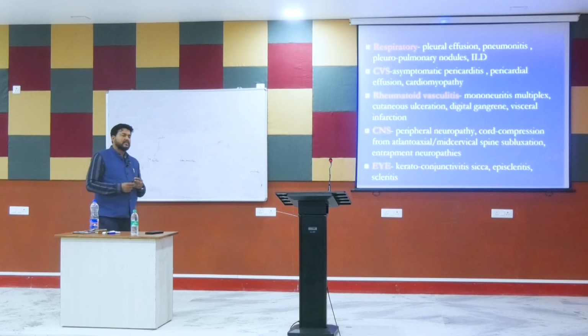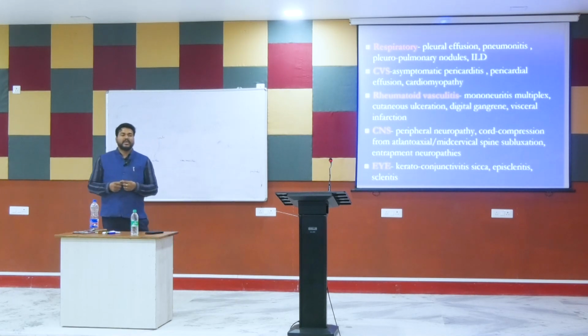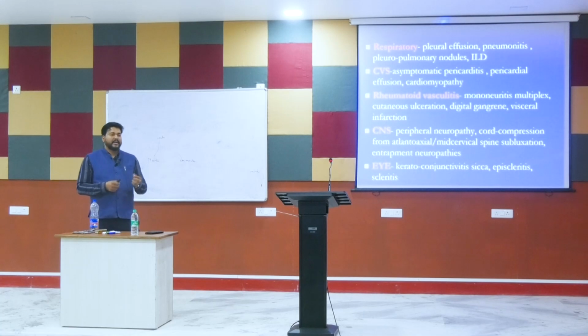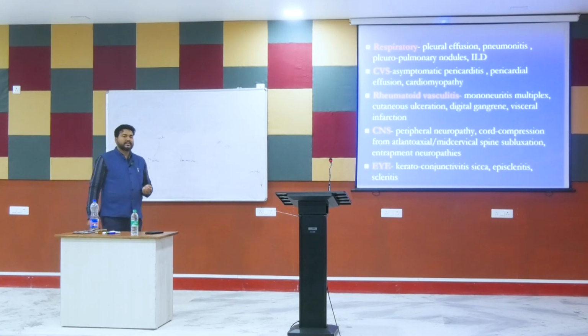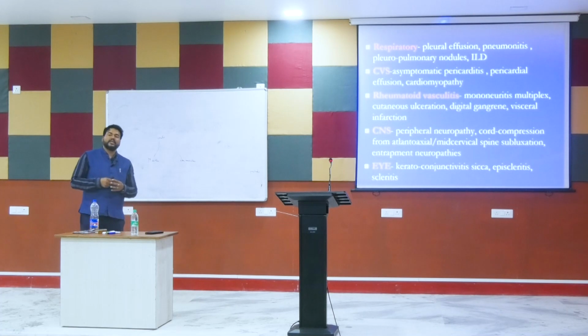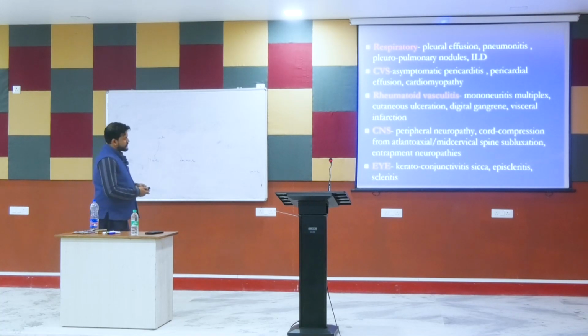Mono means single. Neuritis, inflammation of the nerve. Multiplex, in multiple body sites. Suppose ulnar nerve on the left side, sural nerve on the right side, facial nerve on the right side. So single nerve involvement in multiple places in your body. It is called mononeuritis multiplex.